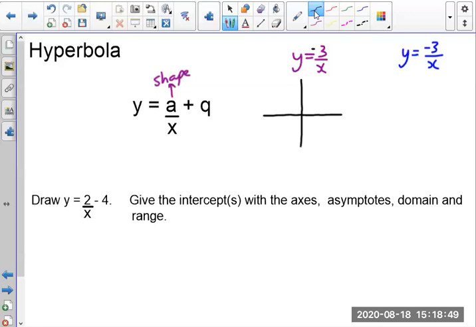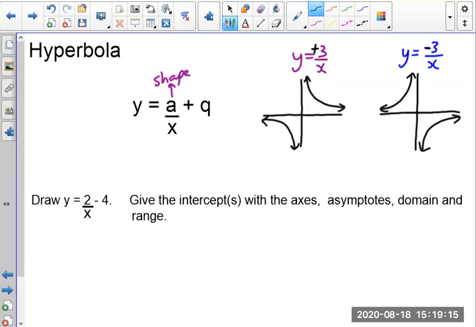If there's a positive, your hyperbola is in the first and the third quadrants. So that's the shape. If your hyperbola has a negative there, then it is in the second and the fourth quadrants.